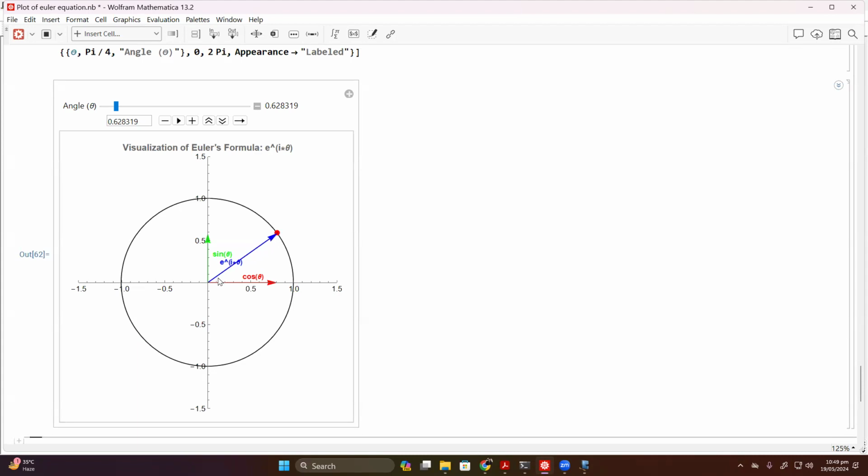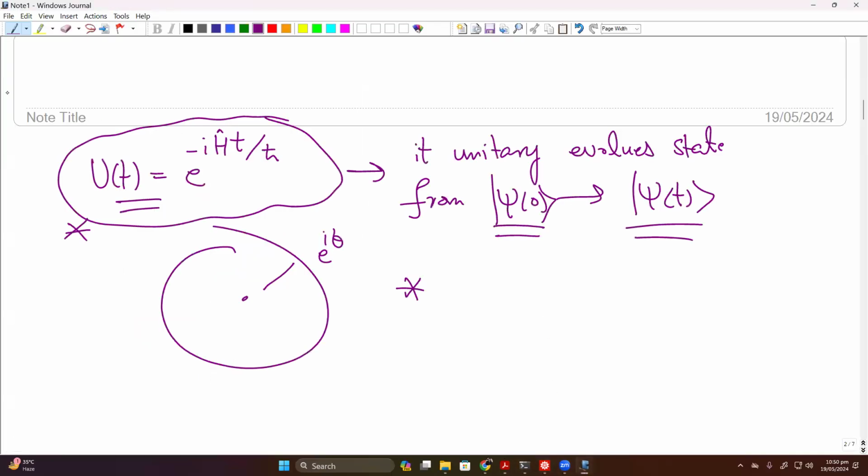This is a vector in a two-dimensional Hilbert space, let's suppose a spin-state qubit, and this is my state at t equal to 0. What will happen to it if I apply a certain Hamiltonian? A Hamiltonian is a Hermitian operator, and if I exponentiate the Hamiltonian as here, I'll get a unitary operator. If we exponentiate a Hermitian operator, we get a unitary operator. So this thing is unitary.